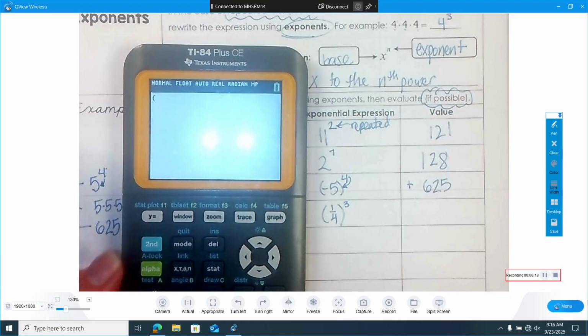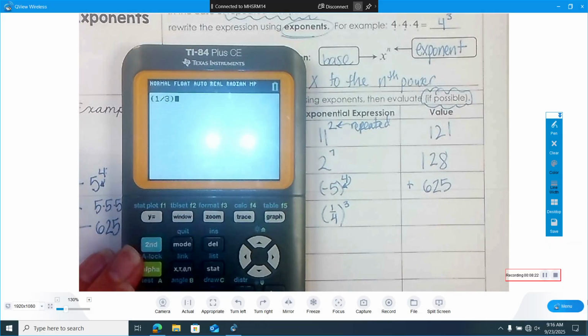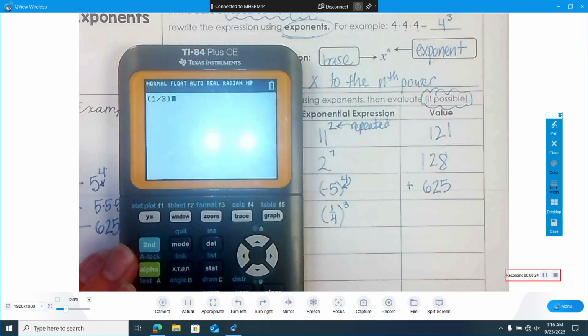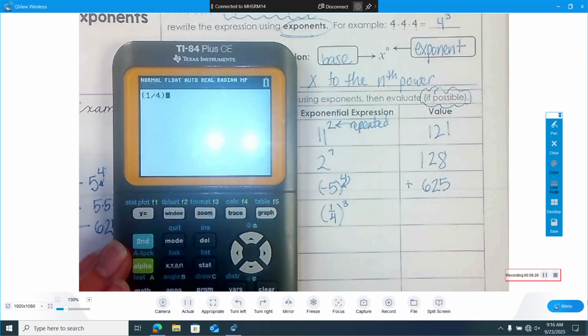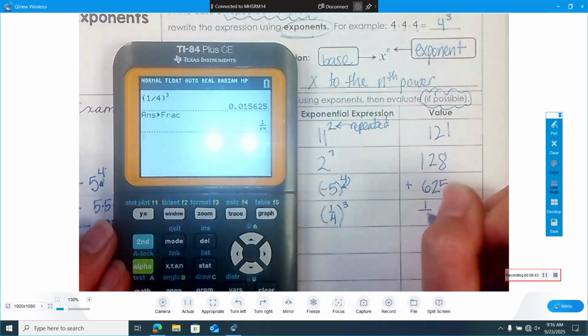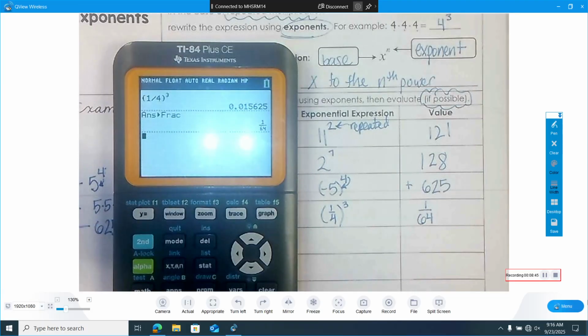I can do parenthesis 1 divided by 4, sorry, I said 3 but it's supposed to be a 4, and then caret to the 3rd power. All right, and what do we get? Ooh, crazy decimal. What can we do? Math frac. We get 1/64.